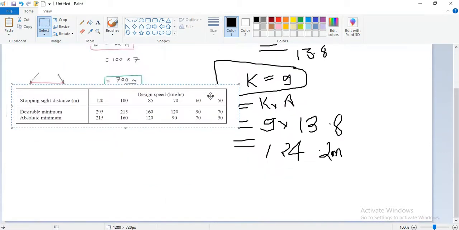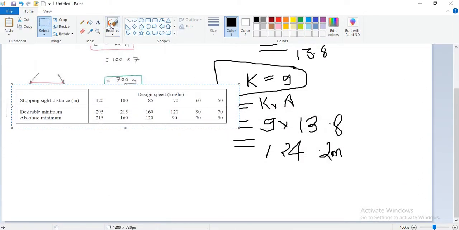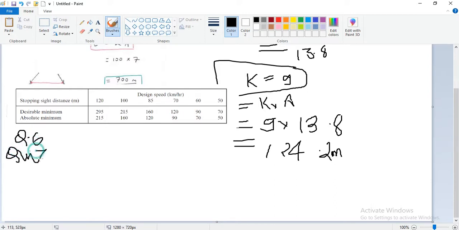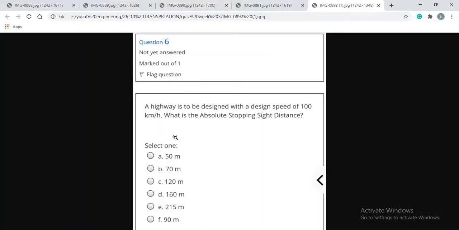This is our next question, question number 6 of the quiz. In question 6 we have the design speed of 100.